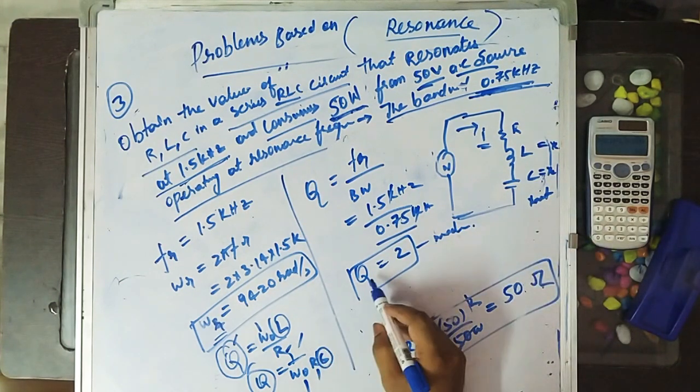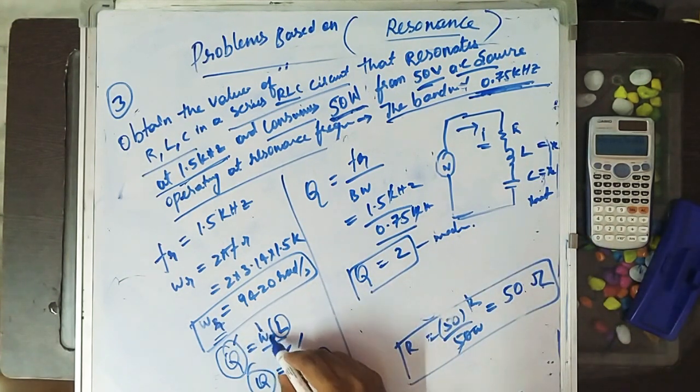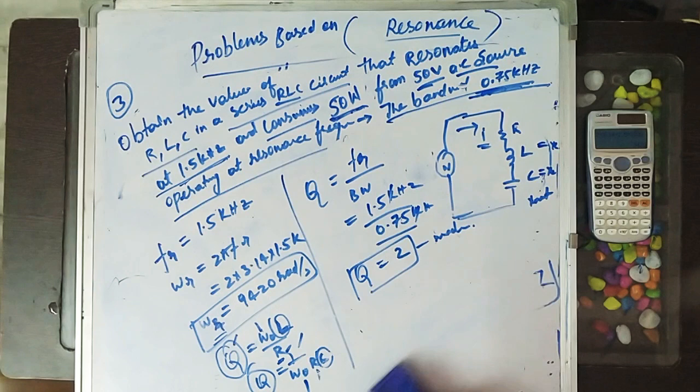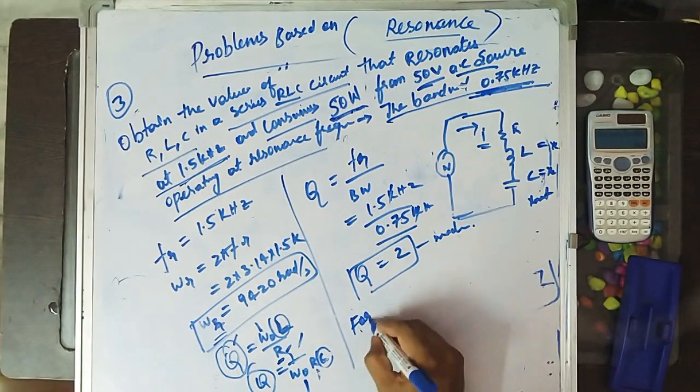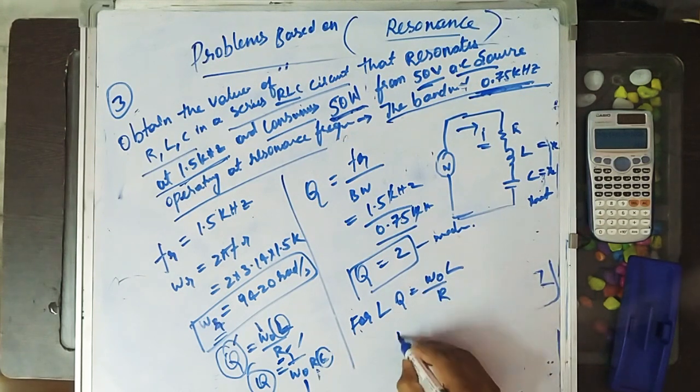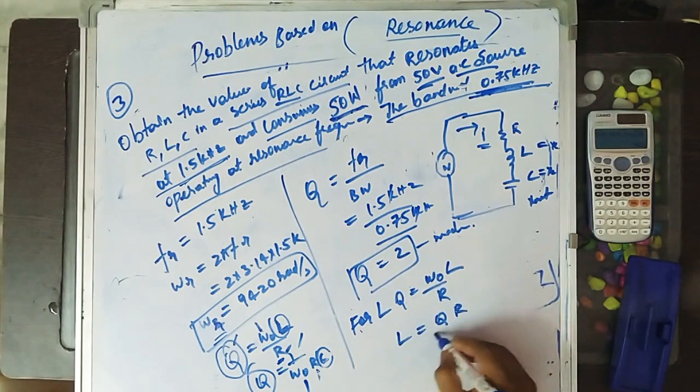So by substituting the Q, omega naught, and the R value, you get the L value. For L, Q equal to omega naught L by R, so L equal to QR by omega naught.